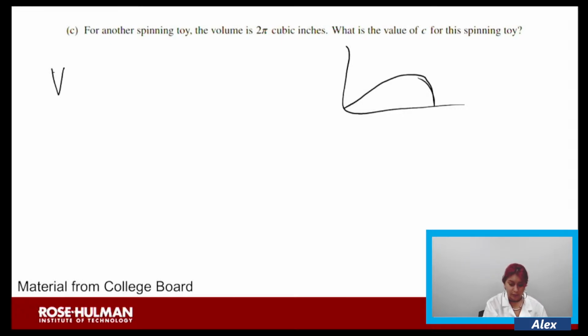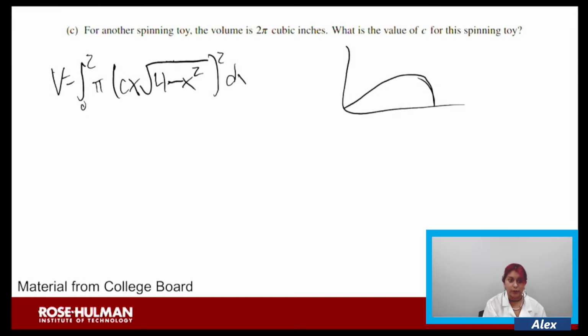To find your function for volume, you have to set up your integral from 0 to 2 of pi times cx times root of 4 minus x squared, all squared, with respect to dx.